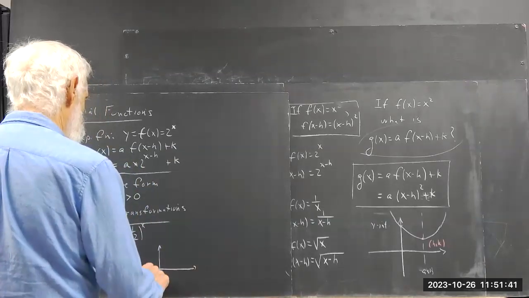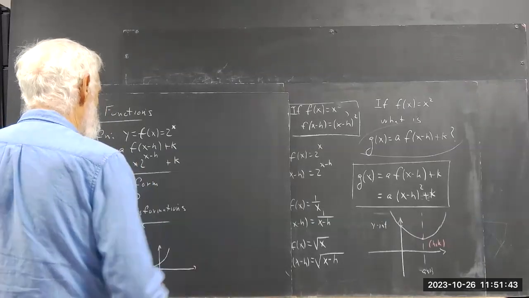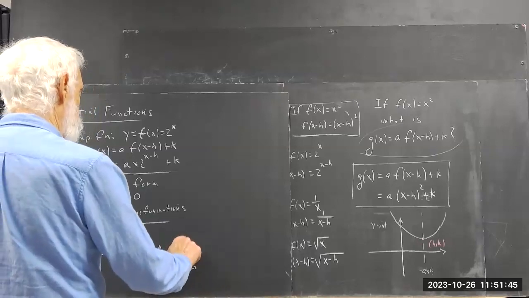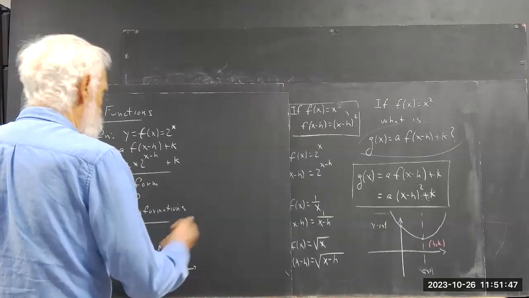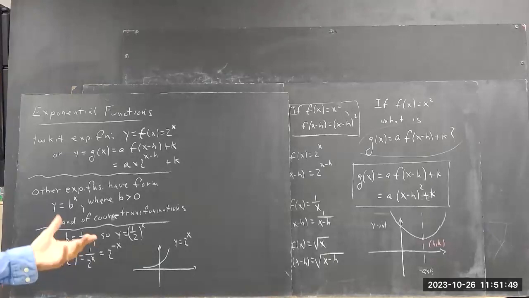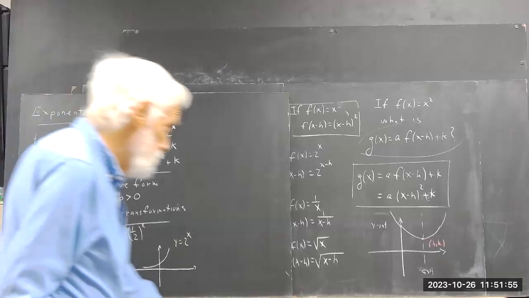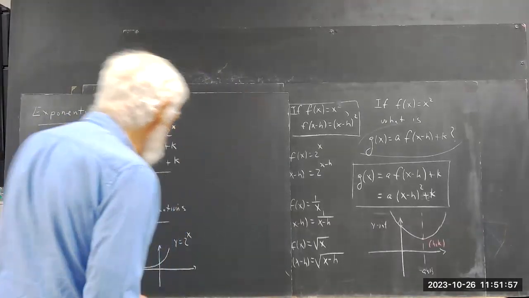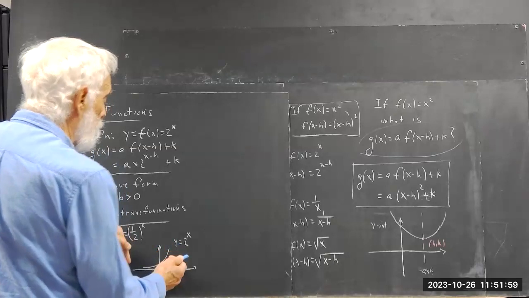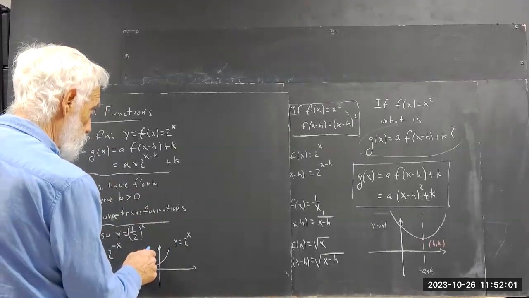So let's just say here you've got your school kid exponential function. You know what the shape is. You can construct an accurate graph, but there's your y equals 2 to the x. Okay. 2 to the negative x is just this thing reflected around the y-axis.